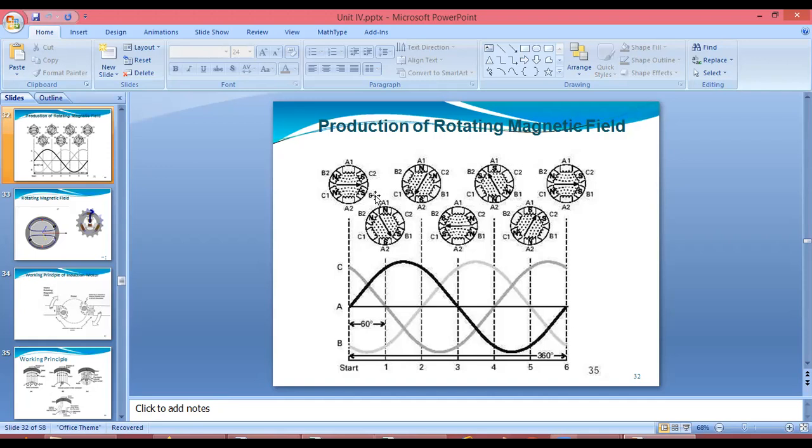For B, Fm into cos omega t minus 120. For C, Fm into cos omega t minus 240 degrees. In that way, you will get the resultant MMF for all these, because all are oriented in the same space along the magnetic axis, but they have a 120 phase difference between adjacent ones.